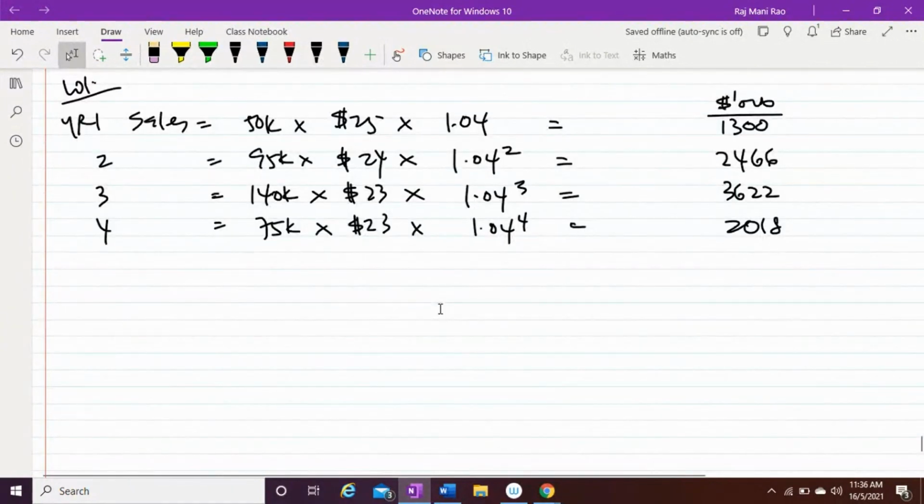Can you calculate your working 2 now? Your variable costs?